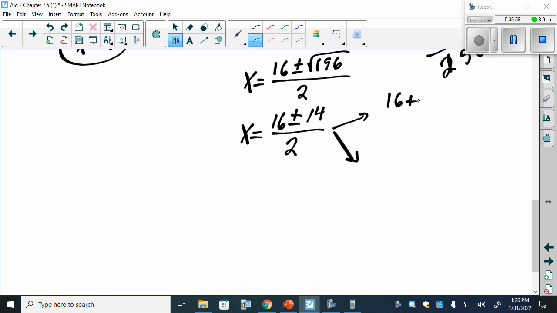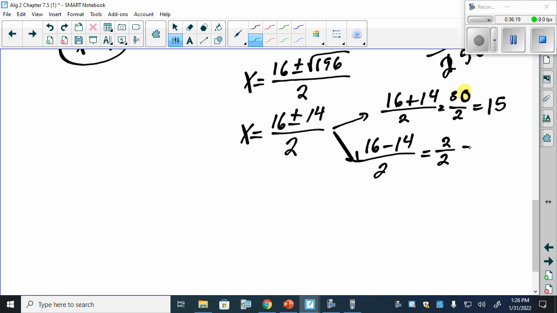So we can say 16 plus 14 over 2 and 16 minus 14 over 2. Well, 16 plus 14 is 30, and if we divide it by 2, we get 15. And 16 minus 14 is 2, and 2 divided by 2 is 1. So we get the exact same thing.